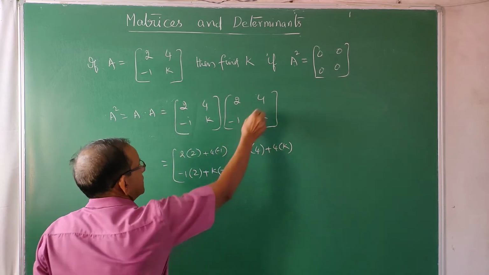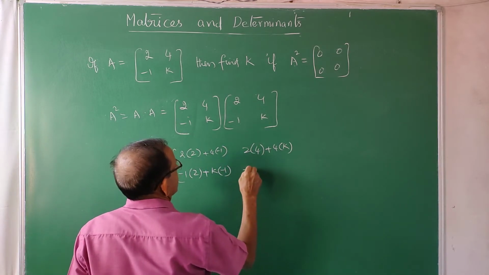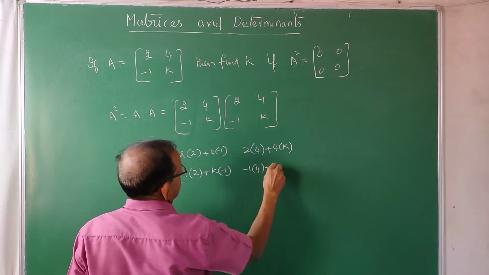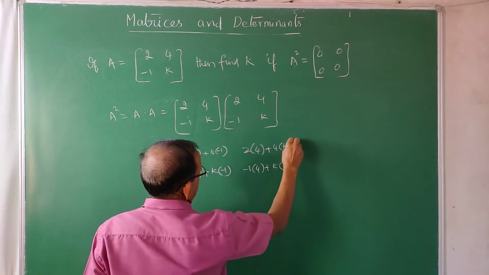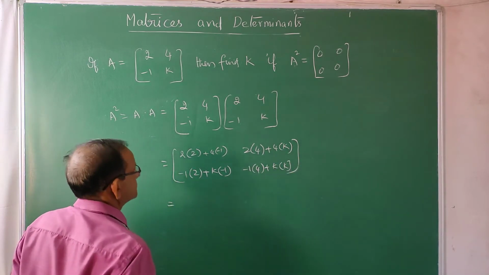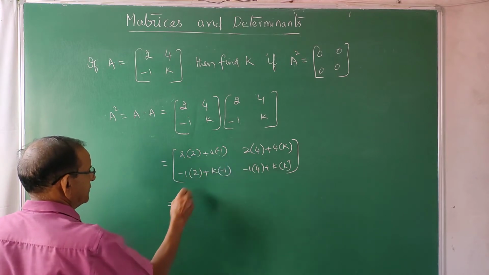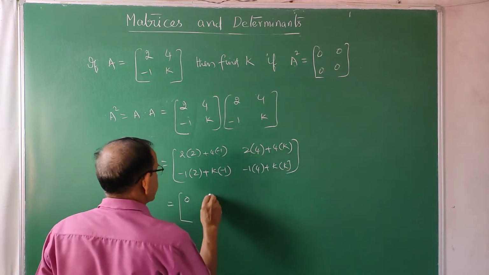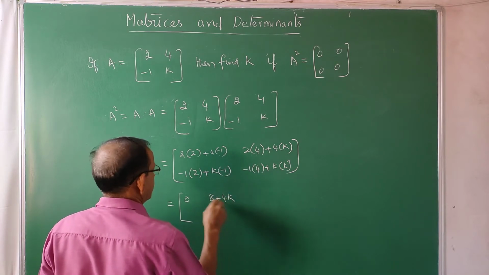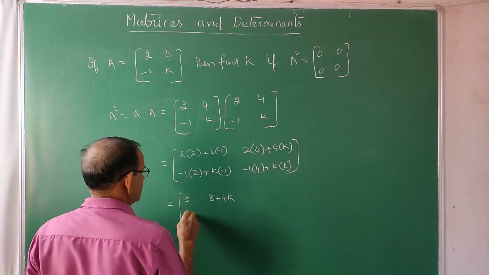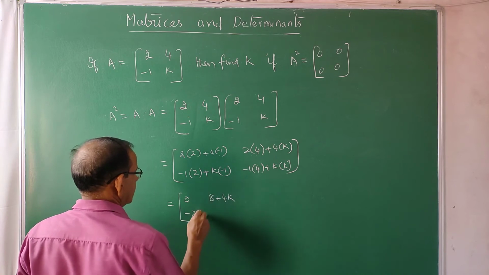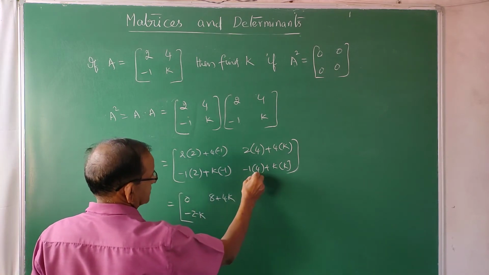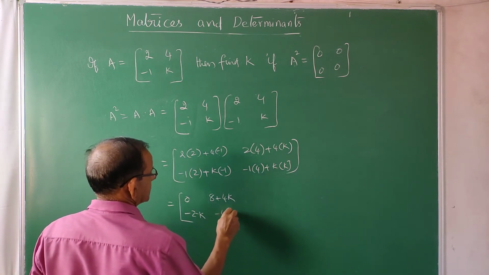Now second row, second column: minus 1 into 4 plus k into k. So this is equal to 4 minus 4, 0. 8 plus 4k. This is minus 2 minus k, and this is minus 4 plus k square.